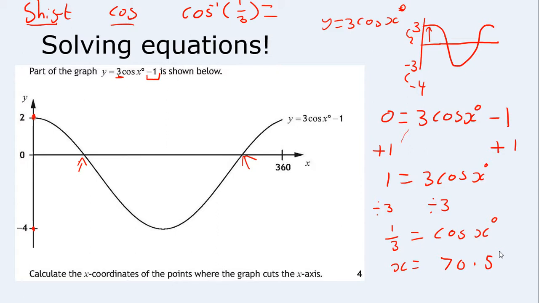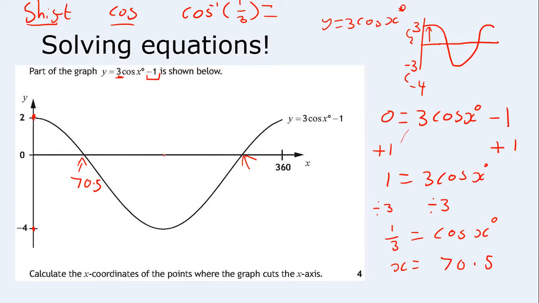Now, what that tells us, and let's just be careful about what's happening here, this point here is 70.5. But there are 2 values of x. And the way we're going to work out the other value is just by using symmetry.